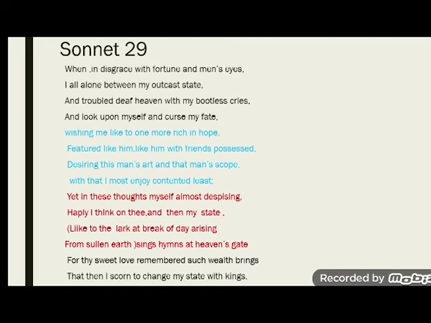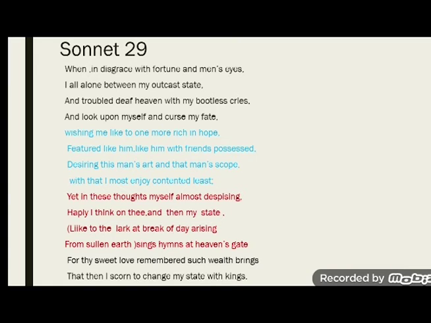In a situation like this, I think what I most enjoy with the things, desiring this man's art and that man's scope, with what I most enjoy contented least. Here the poet says, the things I used to enjoy most in the past give me no satisfaction, no pleasure.